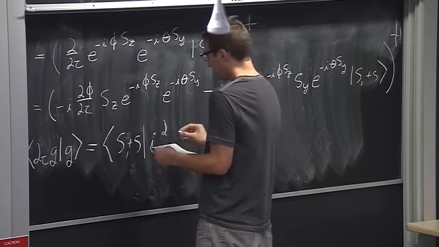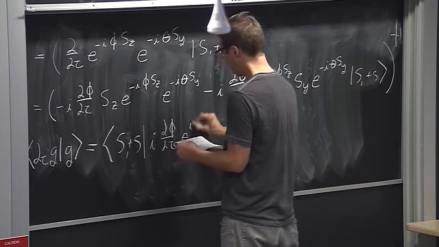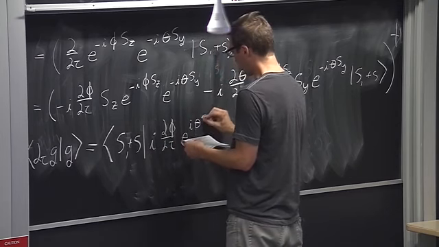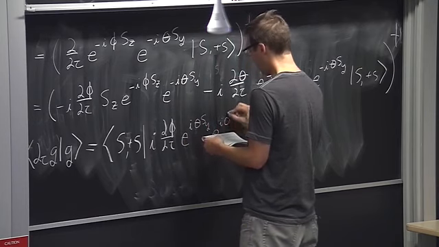So all your i's go to minus i's. I guess that's it, because your operators are all Hermitian. Theta phi.